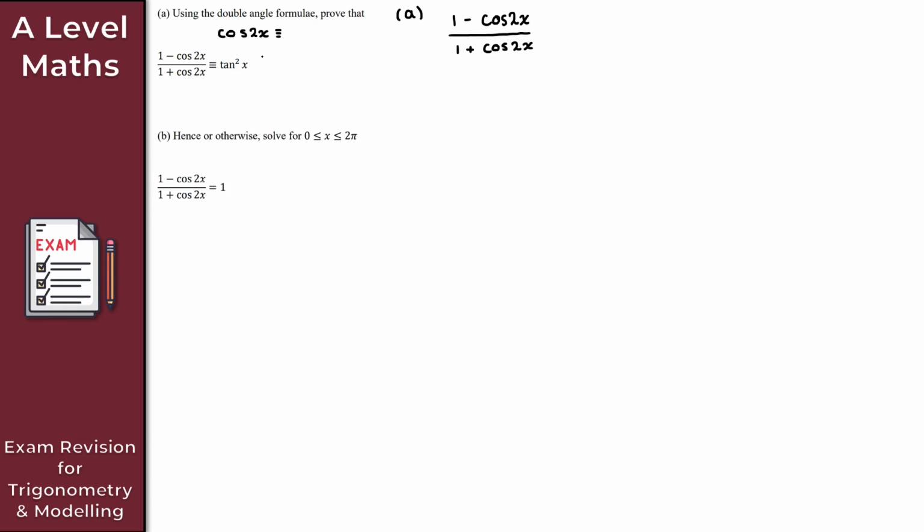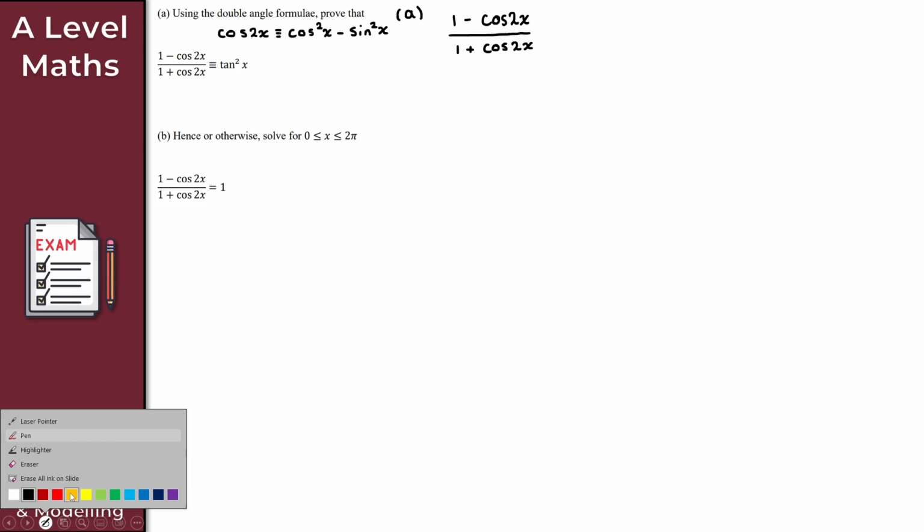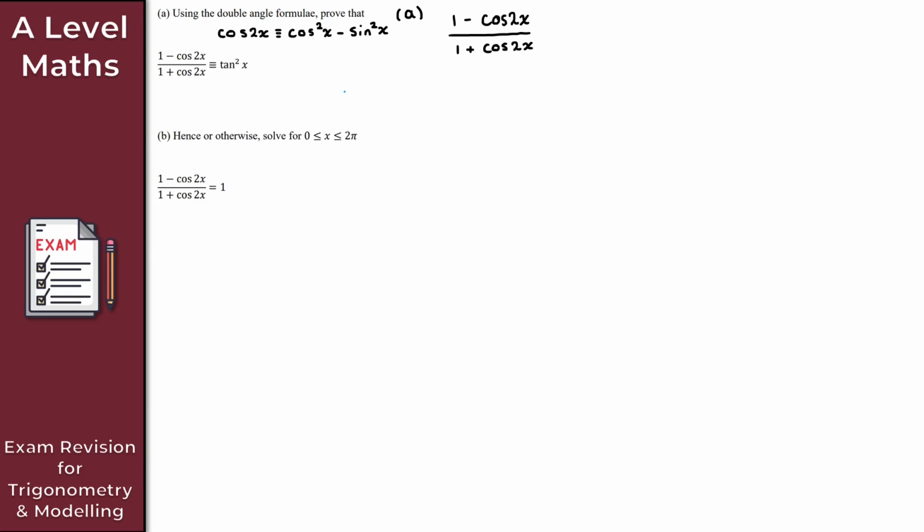Now, you should be aware then that cos 2x here is identical to cos squared x minus sine squared x. Okay? Now, I'll do this in a different color here. If I substitute in this identity here into minus cos 2x and plus cos 2x, that's not going to be much use. It's not going to lead to anything useful.